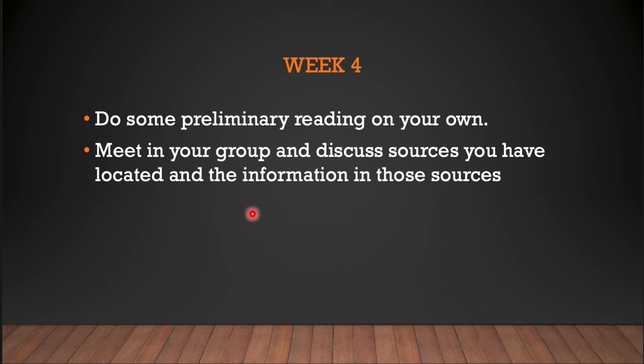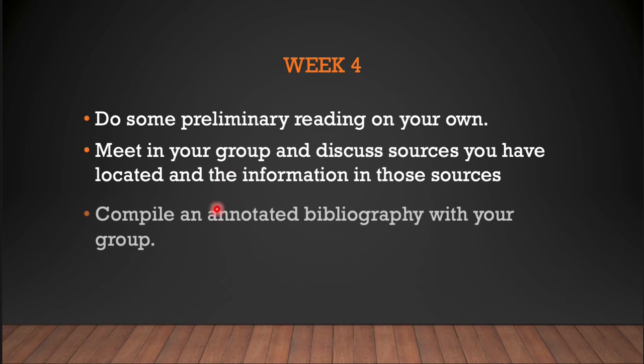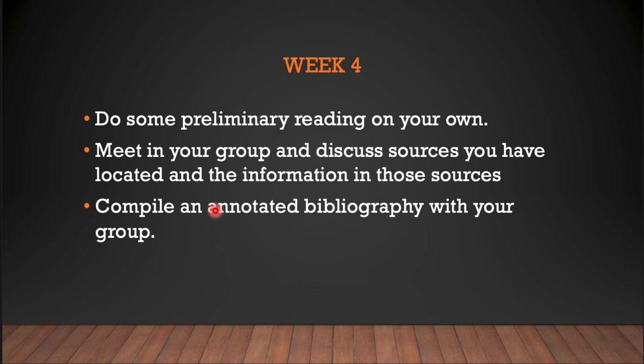So you might say, okay, well, I read this book on Course Reserve, and I found it to be helpful because it had this information. Or you might say, I found another source on Google Scholar, and it's useful for us because it has this information. And then you will create an annotated bibliography. It will list the different theories that have been proposed.